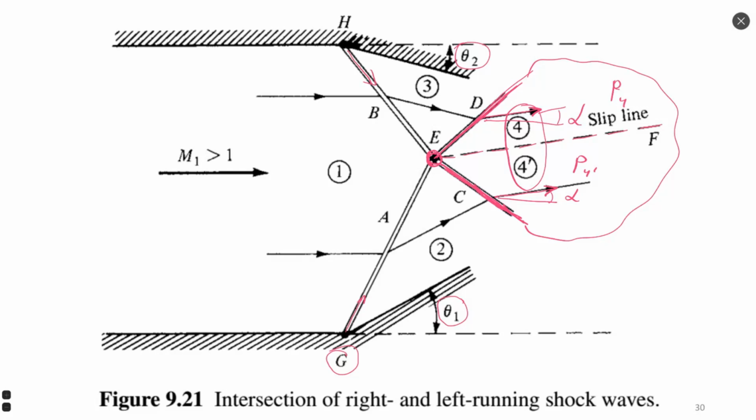These two static pressures are equal because flows go in parallel. If pressure were different in 4 and 4 prime, flow would start to go from one volume to another due to this pressure gradient. Since flows go in parallel, there is no pressure gradient and pressures are equal. So there are two conditions: alpha for volume 4 is the same as alpha for volume 4 prime, and pressure for volume 4 is the pressure for volume 4 prime.